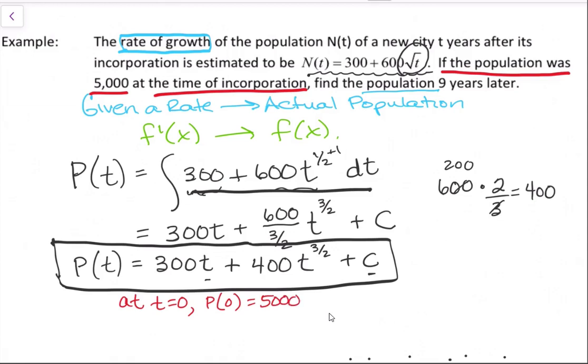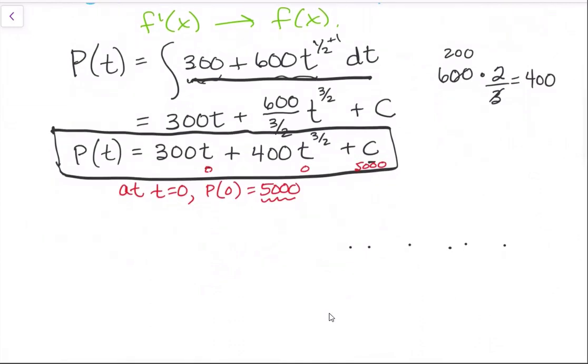If we plug in a 0 for t, we end up with 5,000 for our answer. So if I replace 0 for my t's here, and get 5,000 for an answer, it must mean that my c is equal to 5,000. So now we've got a formula that will only contain my variable t.